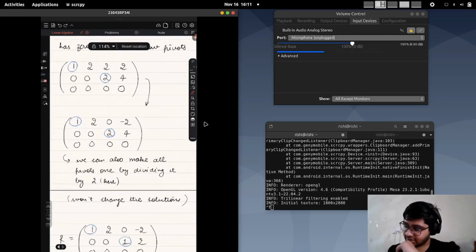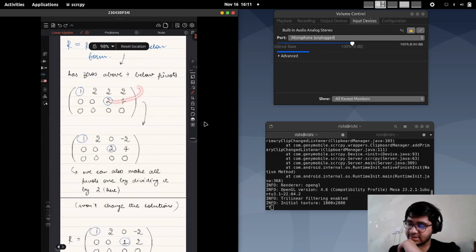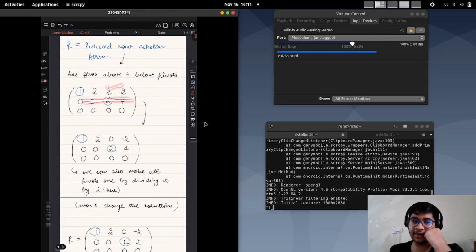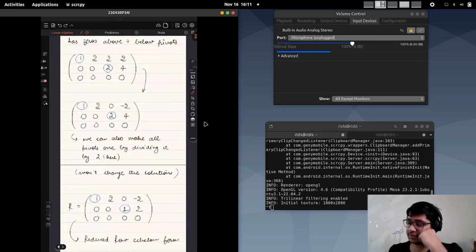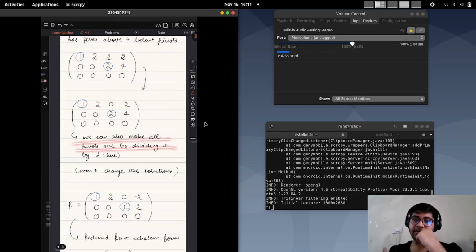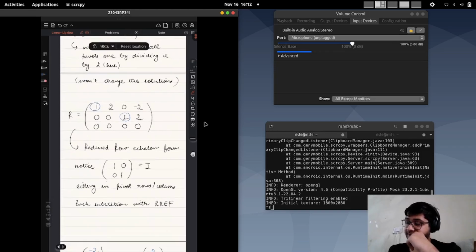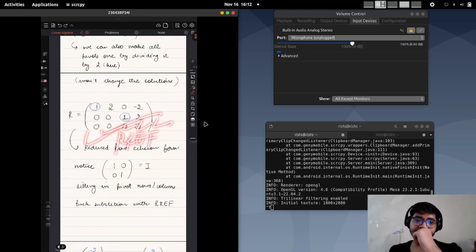So we can simply perform another elimination step and multiply or directly subtract, which will essentially subtract one times this row from this row, and we will get this. We can also make all the pivots 1. We can make the pivots uniform by dividing this row with 1, this row with 2, and we will get something like this. So this is the RREF, the row reduced echelon form.